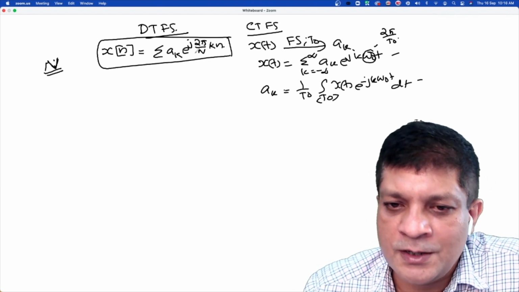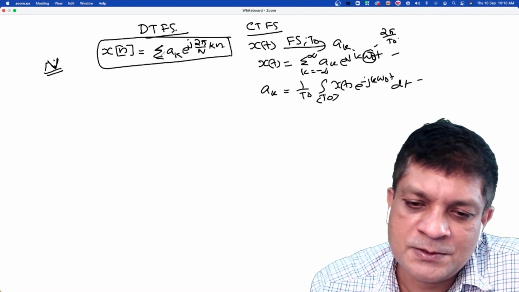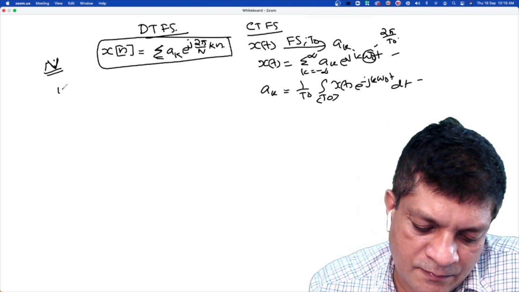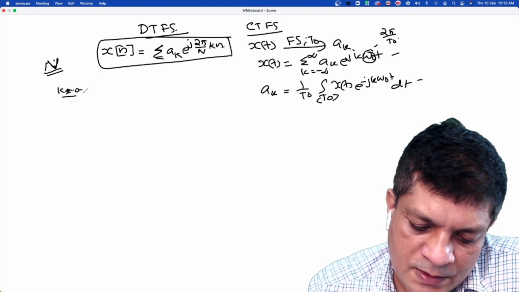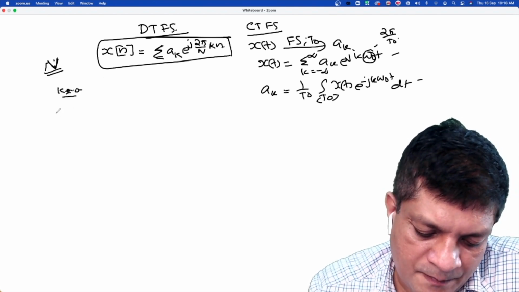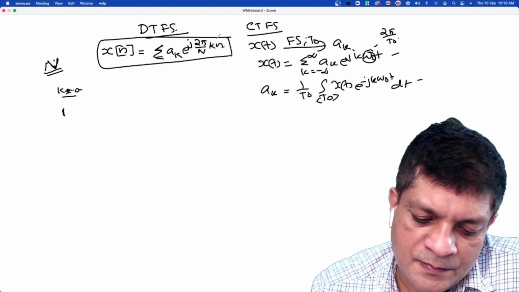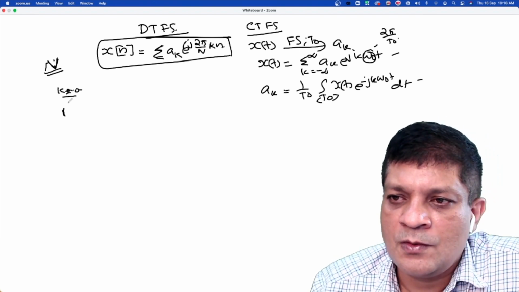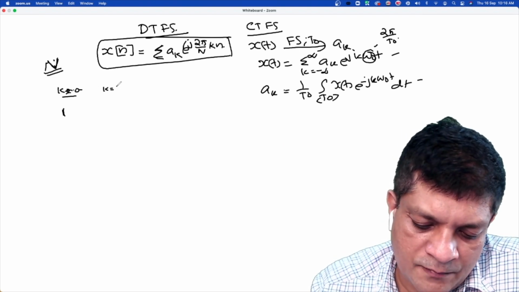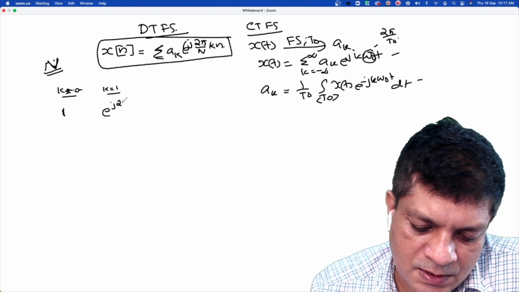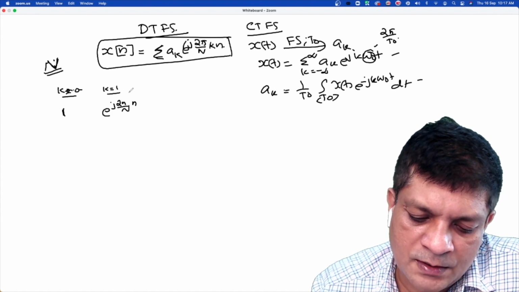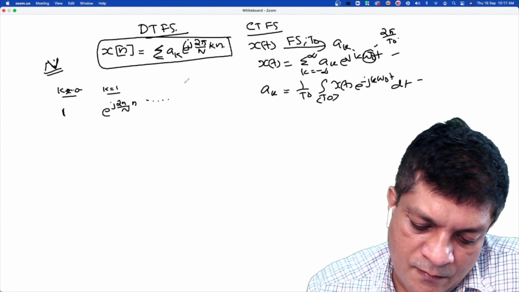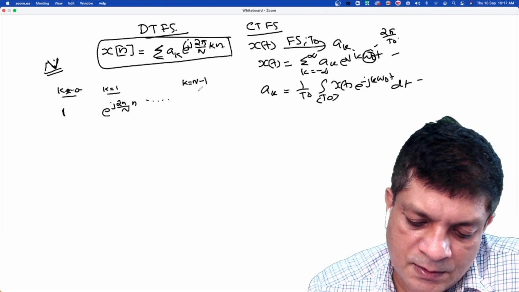And that is not the only difference. That's why I have not written the limits of this summation. Let's say when k is equal to 0, what is the value of this complex exponential? Is it 1? Yes, sir. When k is 1, it is e to the power j 2 pi by N into n. And what is the value when k is N minus 1?